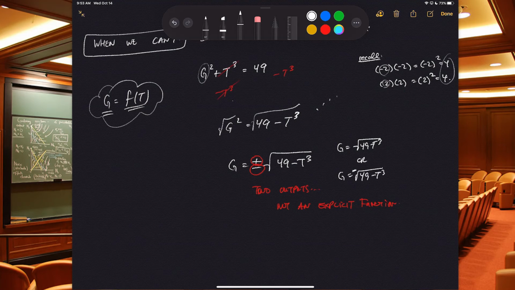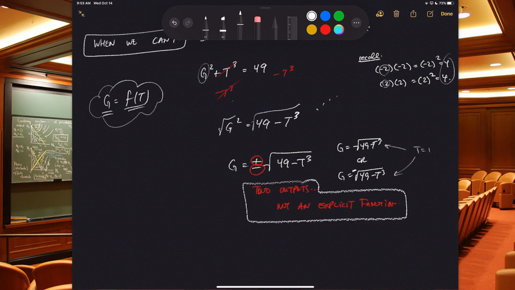This really has two outputs for each t input. If I say t equals 1, it has to go in here and in here. And so that breaks down our definition of a function. We have to have one output per one input. We can't have two outputs coming from one input. So this is not an explicit function.